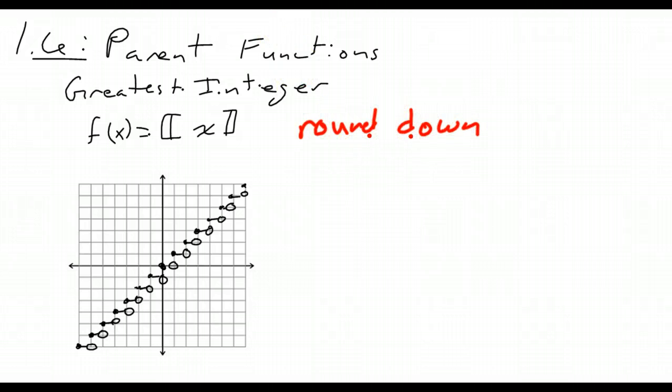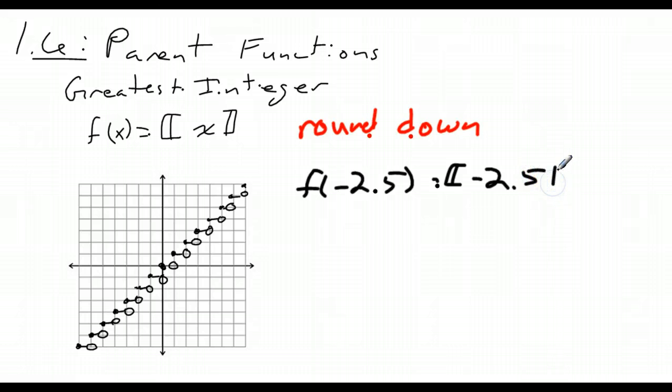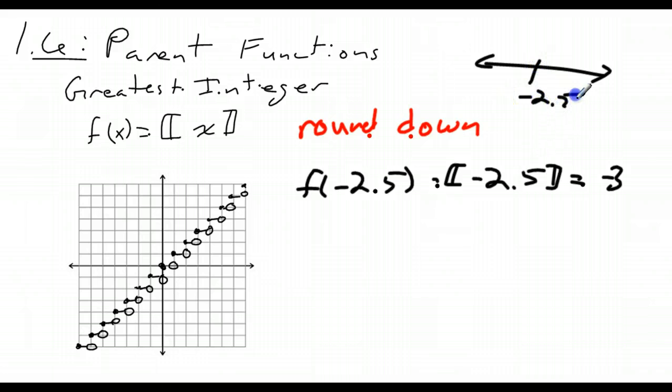If you want to, say, take f of negative 2.5. Okay, if we take the greatest integer of negative 2.5, if I round that down, that is negative 3, because negative 3 is lower than negative 2.5 on a number line.